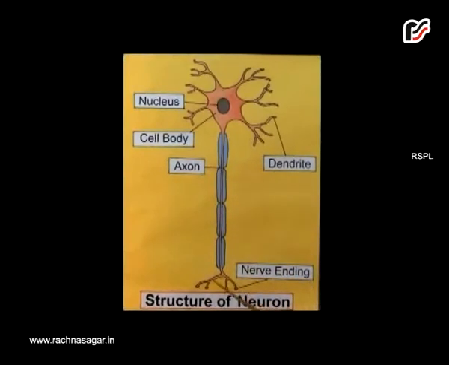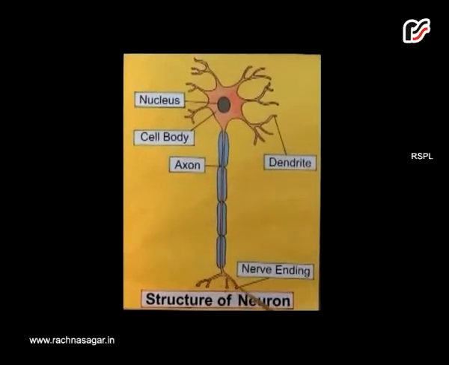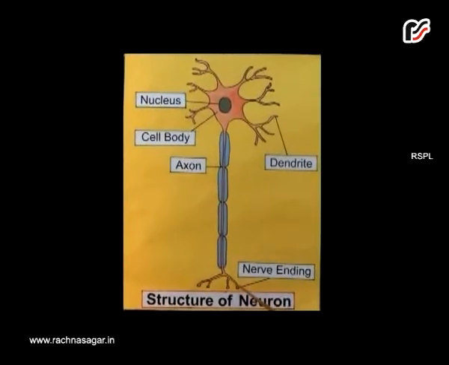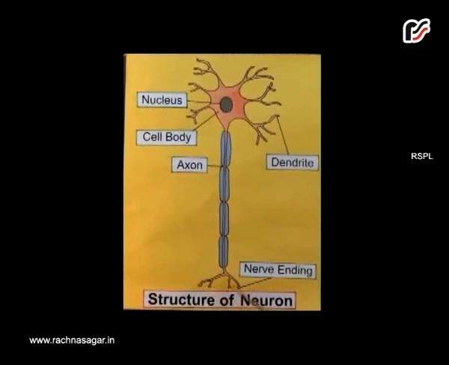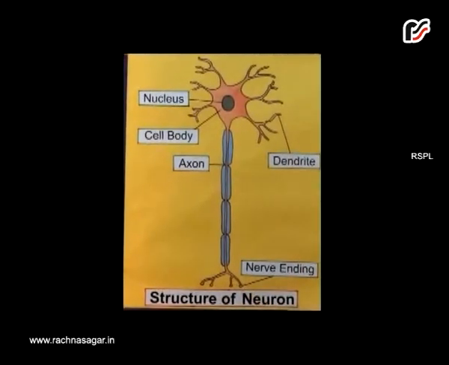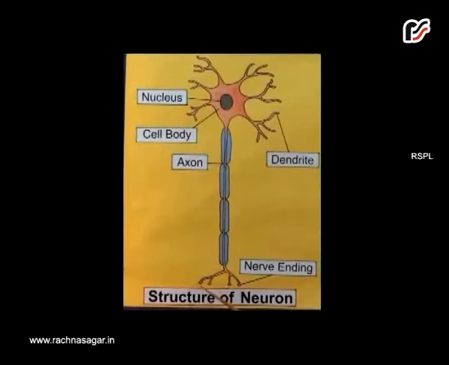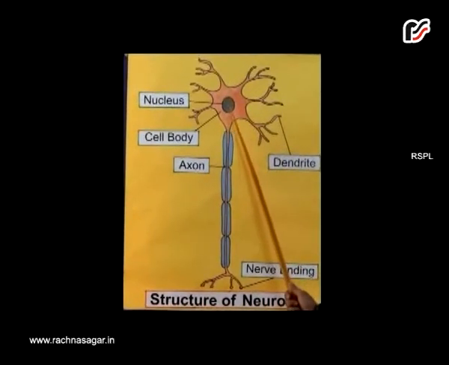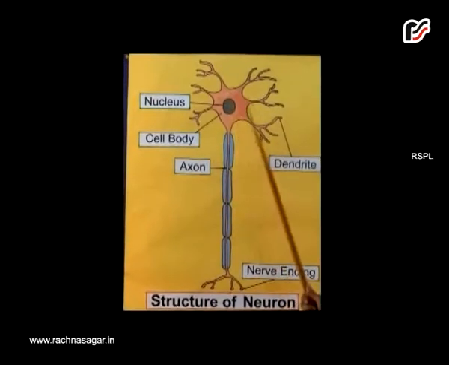The axon at its distal end divides into numerous finer branches which are known as nerve endings. We can see that these nerve endings terminate into knobs. These are known as synaptic knobs. In the cell body there is a prominent structure known as the nucleus.